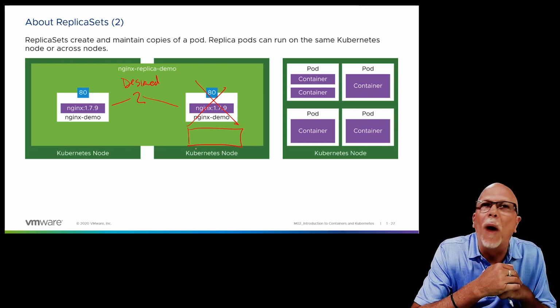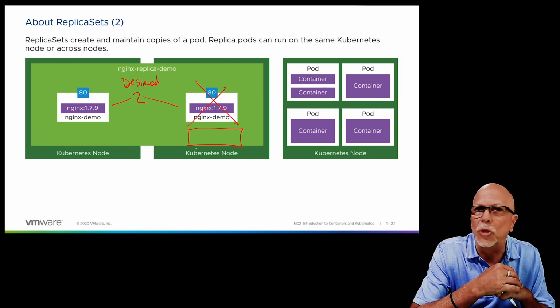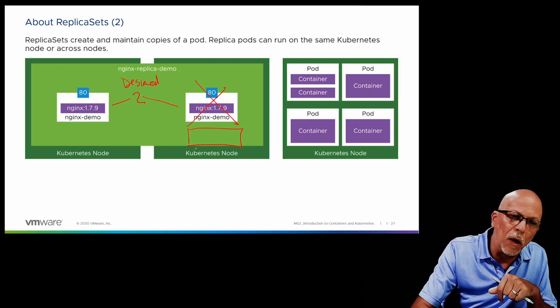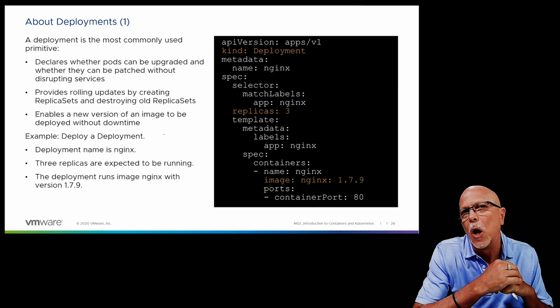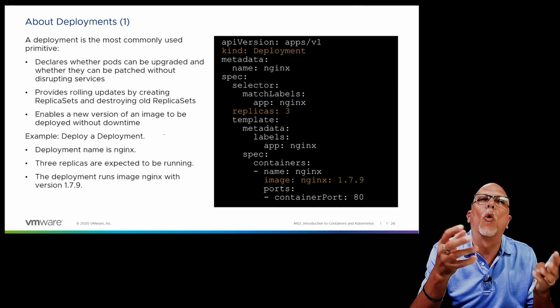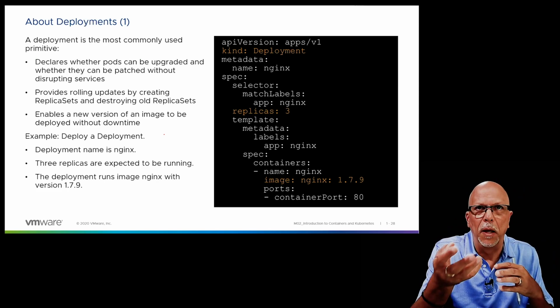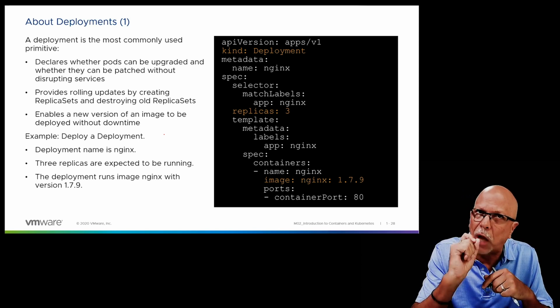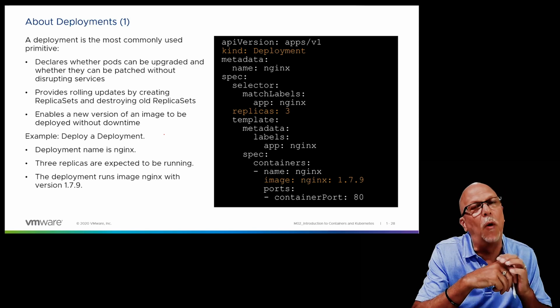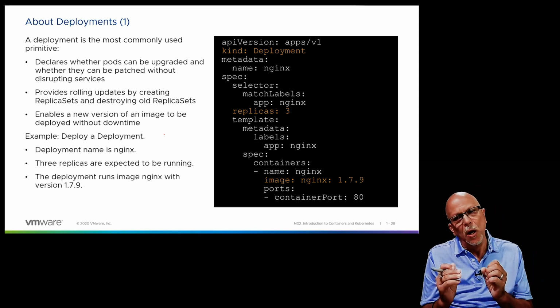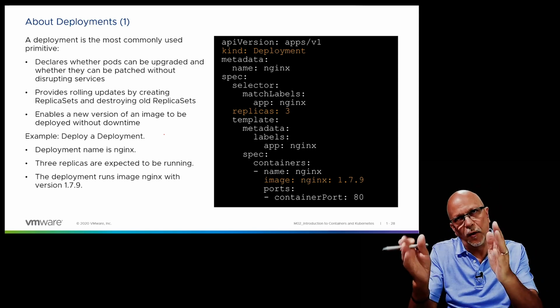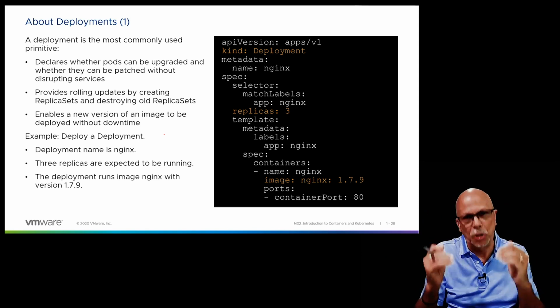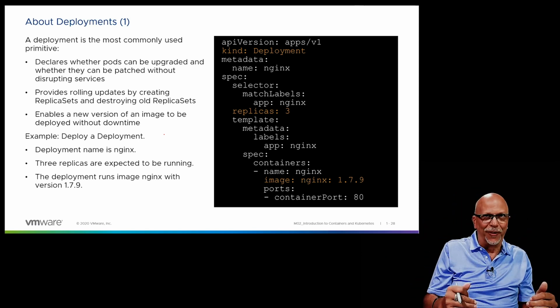Replica sets, however, are not commonly used directly. Why is that? We're using this more automated primitive called the deployment, and this is going to be the most common one that you're going to see. Now, to make sure you understand this, a deployment generates a replica set, which generates pods.